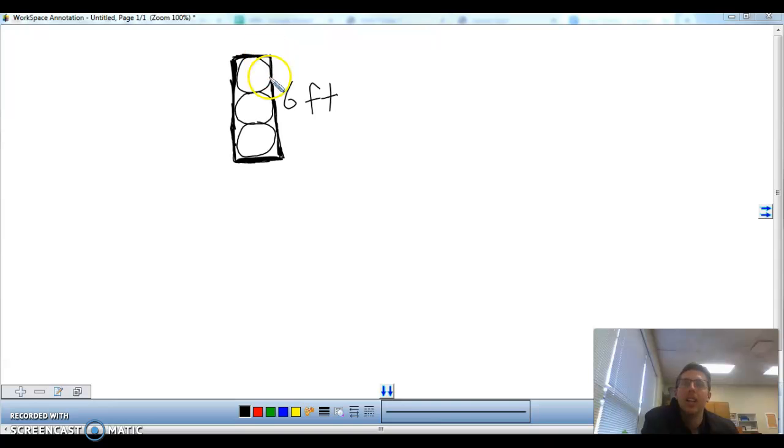Well, it's 6 feet tall completely. So there's a few different things we've got to do. First off, if it's 6 feet all the way, then that means the diameter of each circle is 2, right? Now, before we start anything else, let's remember area is pi r squared. If you notice in an area, we need radius.